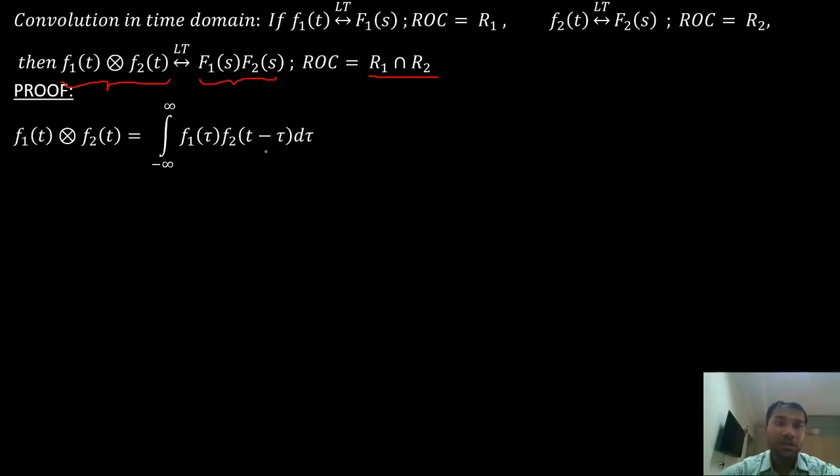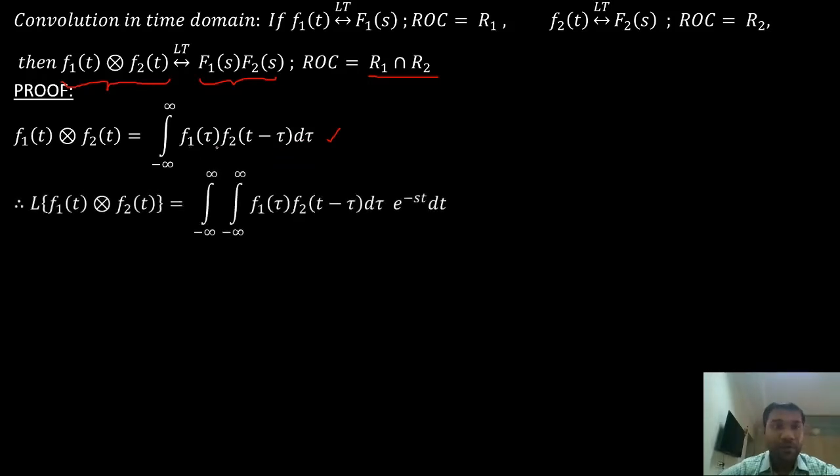So this is the convolution integral. If I convolve two signals in time domain, how will I write it in terms of integration? Integration minus infinity to plus infinity, the first signal f1 of tau and the second signal f2 of t minus tau. The first signal comes as it is; the second signal is reversed and shifted, d tau.